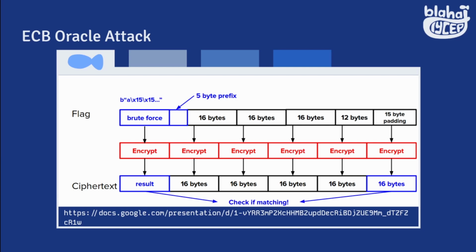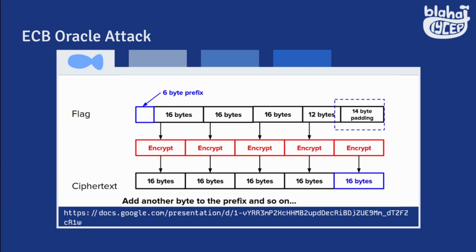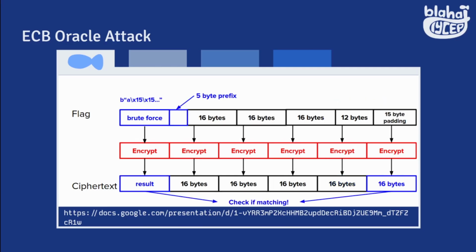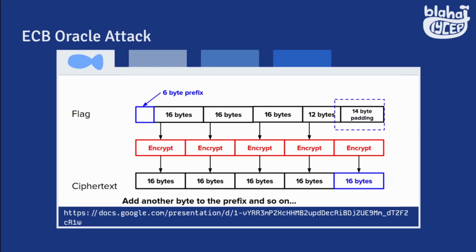But now, can anyone tell me how we can generalize this to get the next byte of the flag? Anyone? You change the length of the padding, that's a hint. Alright, okay, it's fine. What we do is add 1 byte to the prefix. By doing this, we force the next byte into the last block.